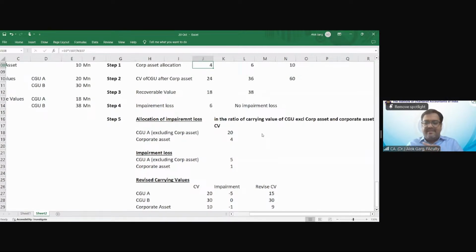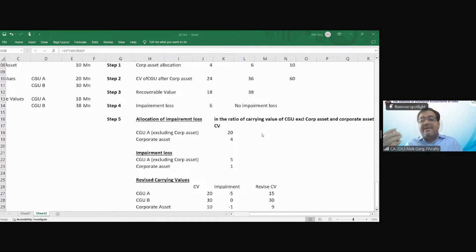This corporate asset is a part of a CGU, right? This corporate asset does not have its own value, right? The standard says that if an individual asset has its own recoverable value, then you do not allocate more impairment loss than that. That's what you are connecting with.